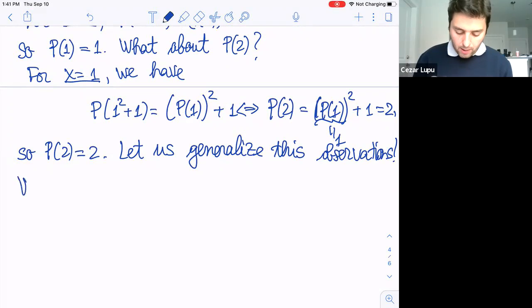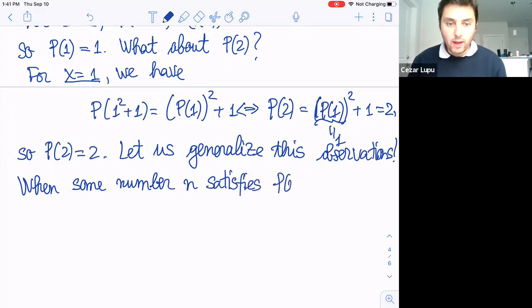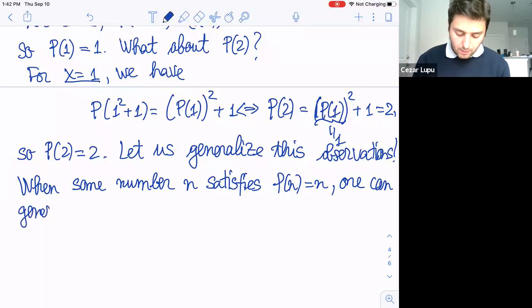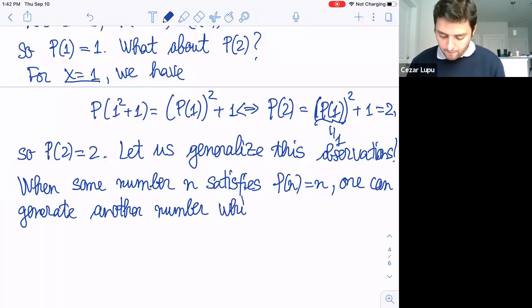It says that when some number n, let's say, satisfies P of n equals n, one can generate another number, let's say a larger number.